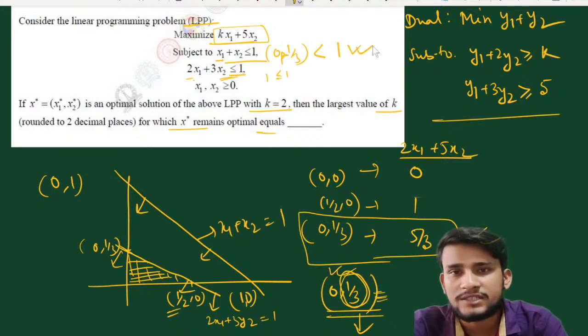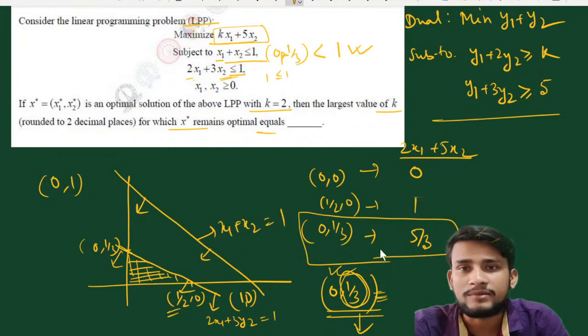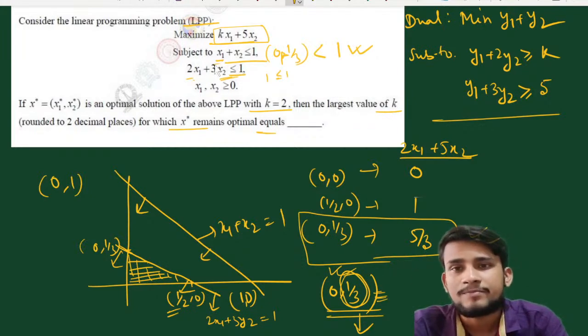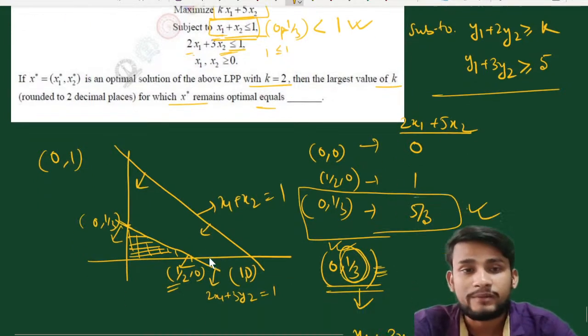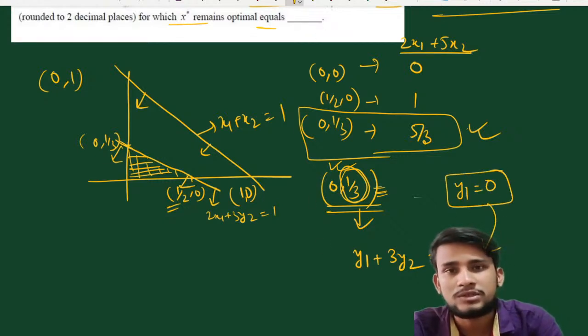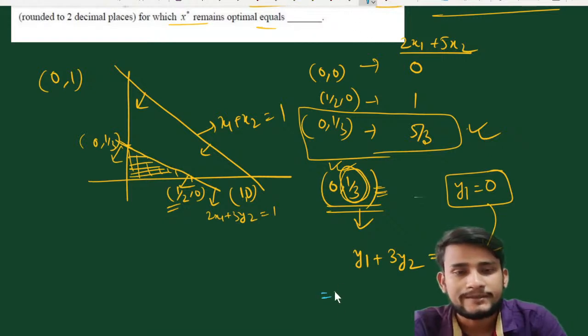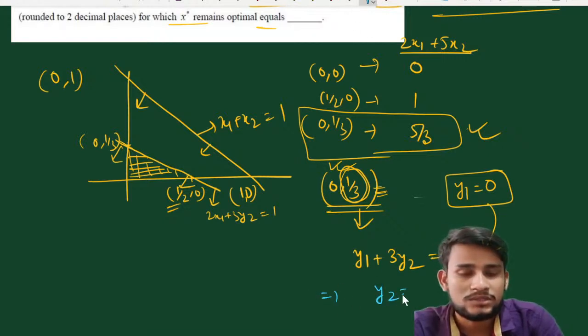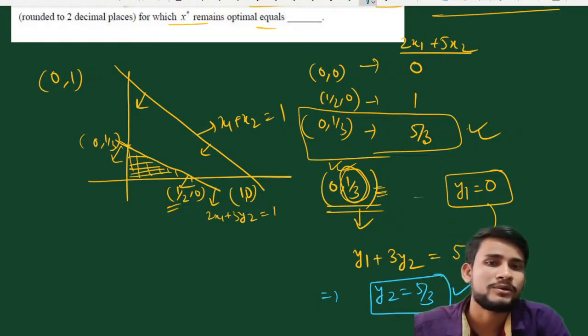So this is a strict inequality. That means the corresponding dual variable is 0. Since the first constraint satisfies the strict inequality, the first dual variable y1 equals 0. So if we put y1 equal to 0, we get y2 equal to 5 by 3 from here.